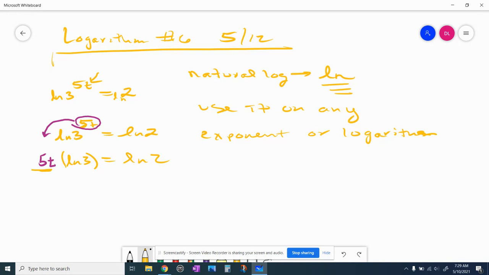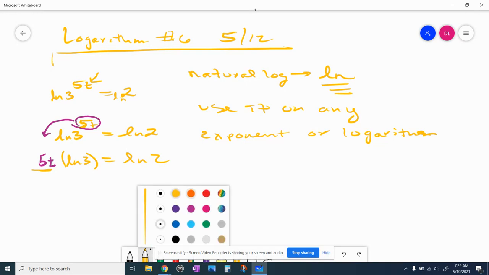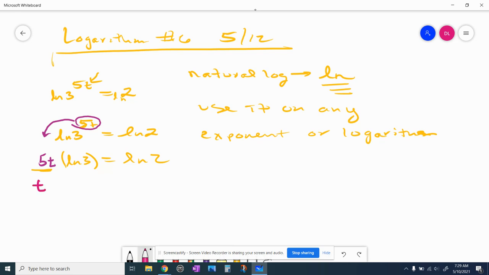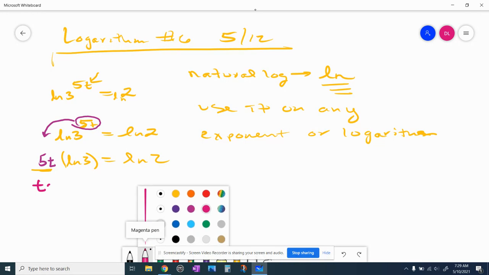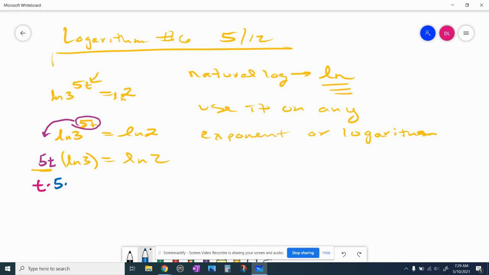Especially when you're dealing with a natural log, because if I rearrange this problem here, I'm going to rewrite it. I'm going to put t in a different color. And then I'm going to move the 5 and the natural log together in another color, because they're all multiplications, so I can move them around. 5 times the natural log of 3 equals the natural log of 2.